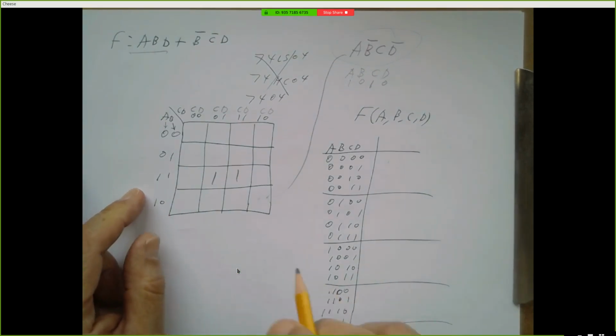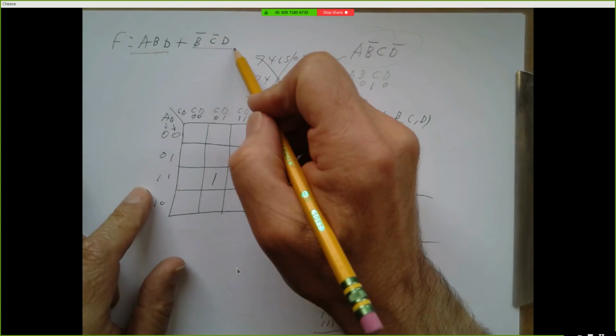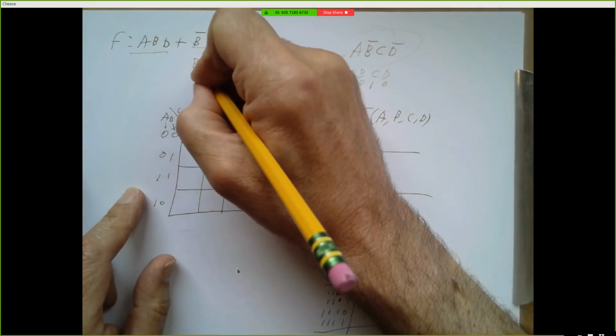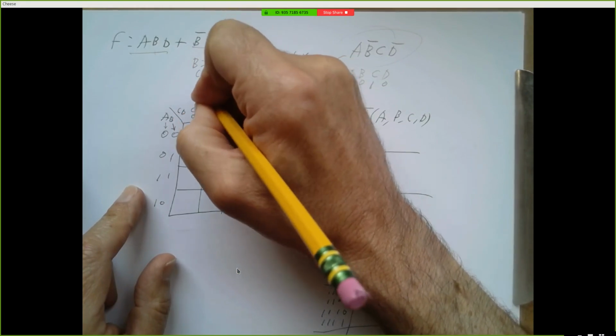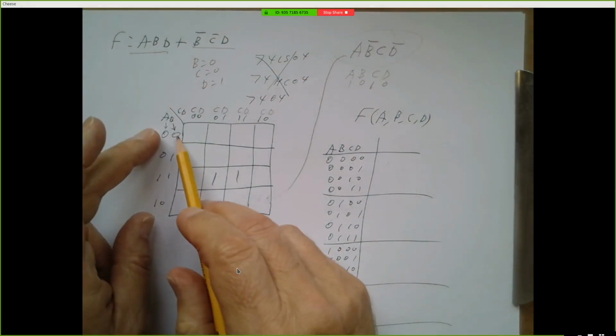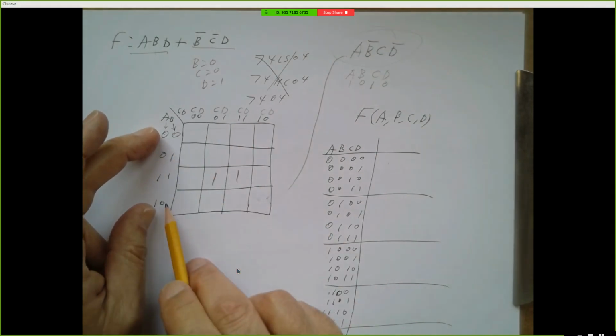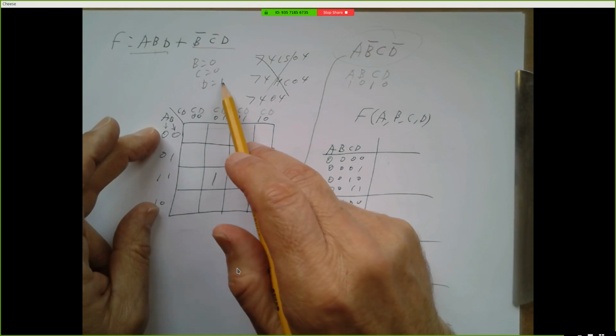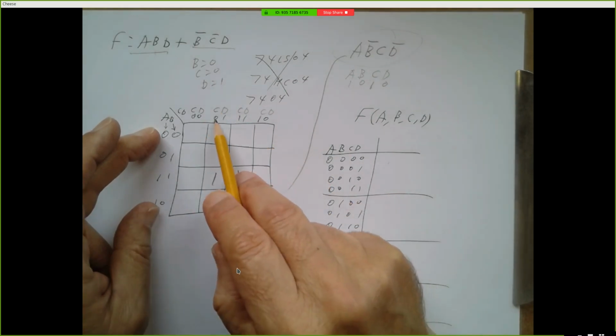And if we want a rectangle corresponding to B bar, C bar, D, well, we need B equal to 0, C equal to 0, D equal to 1. So B equals 0, that's either this top row or this bottom row. And then we want C equals 0, D equals 1. Well, that looks like this column right here.